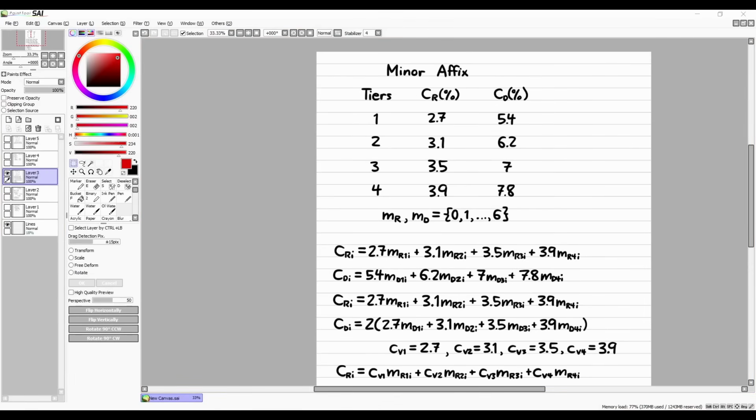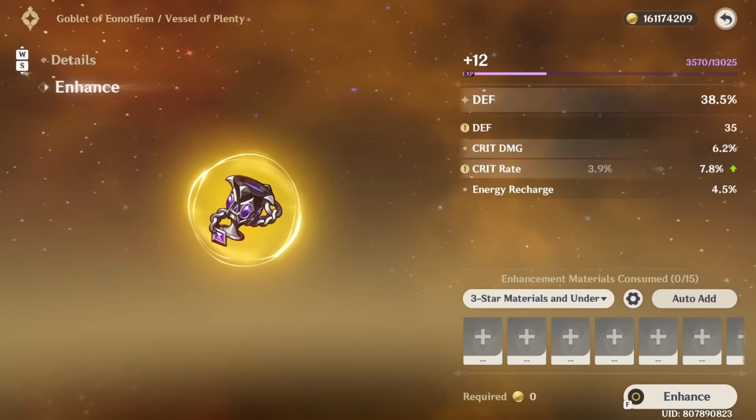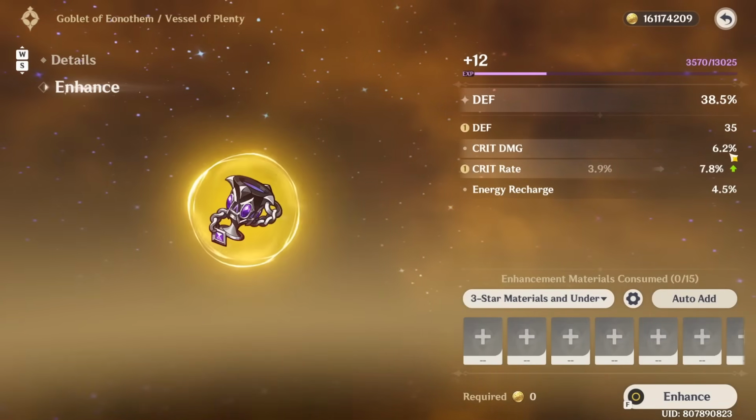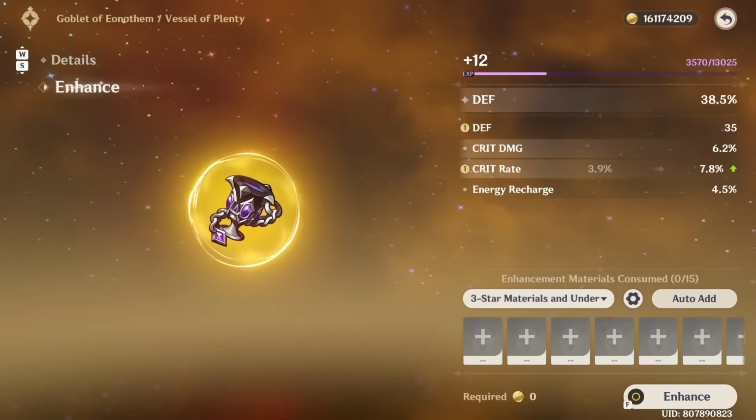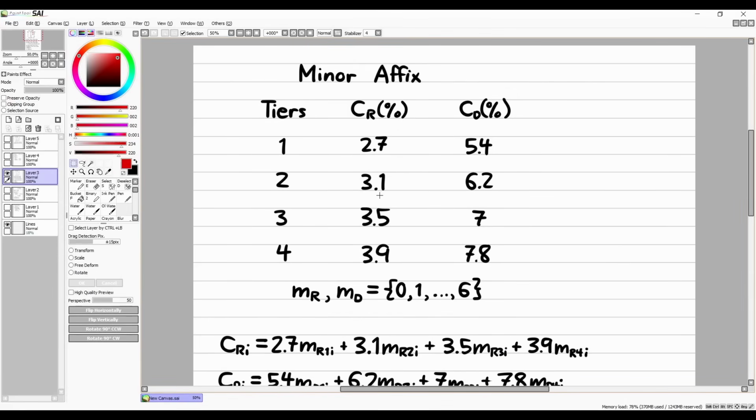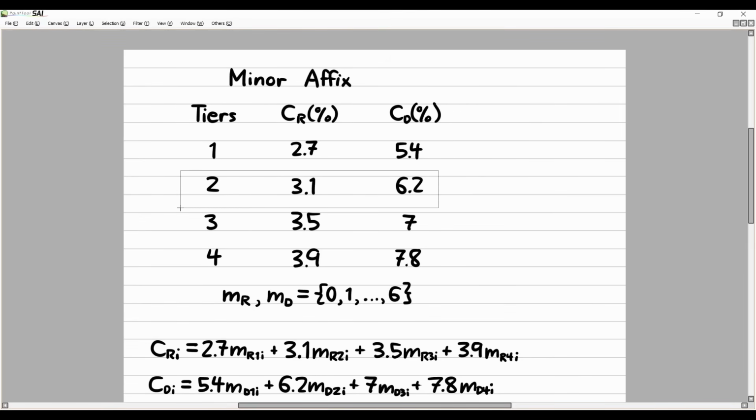So let's go back to our Genshin example here. In our Genshin example, we have this 6.2. So that's pretty cool. I want to compare the 2 different tiers. In the simpler tier, that just corresponds to a tier of 2 for the crit damage.